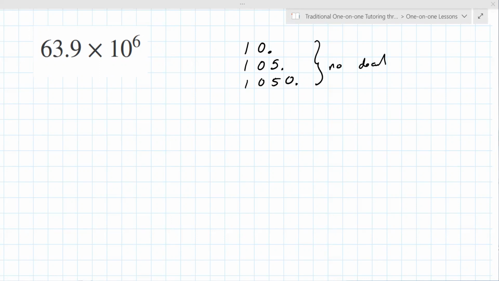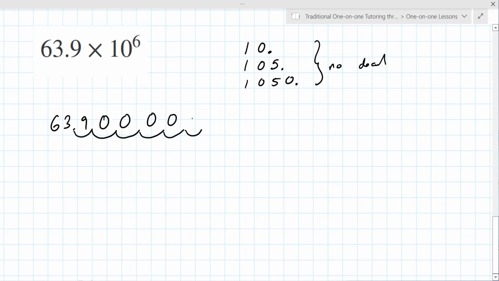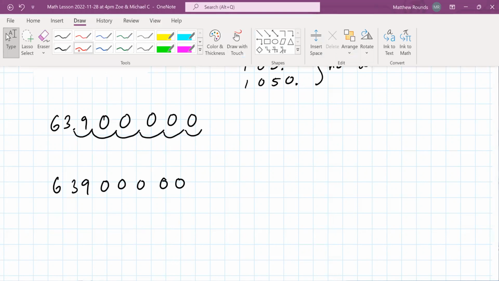Okay, I got it. So 63.9, and then you move the decimal to the right 6 times. So 1, 2, 3, 4, 5, 6 times. 0, 0, 0, 0, 0. Okay, so now sometimes it's good to rewrite the number and then put the comma in every 3 places.